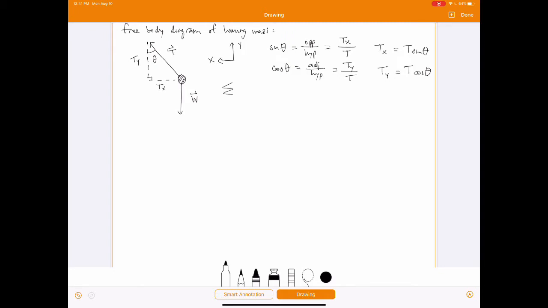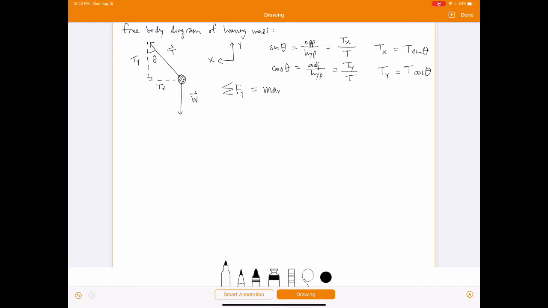We apply Newton's second law, and we can apply it in the x and the y direction separately. So we actually have two different F equals ma equations, one for x, one for y. We're going to start with the y equation, which says the net force in the y direction is equal to m times ay, the acceleration in the y direction.